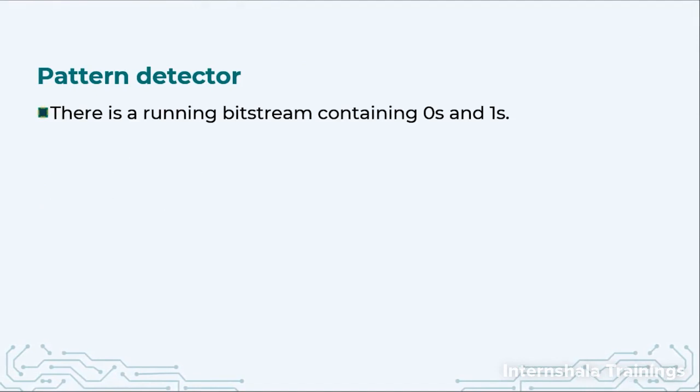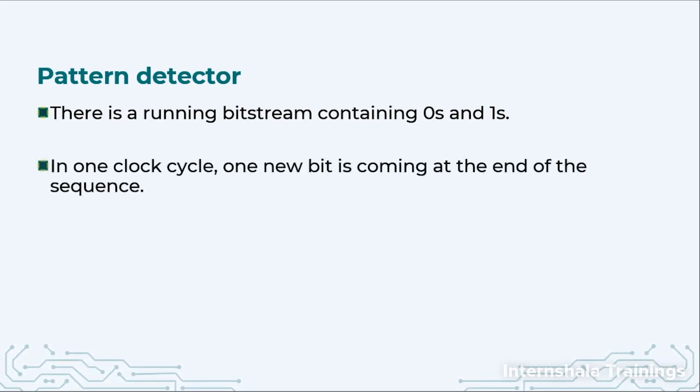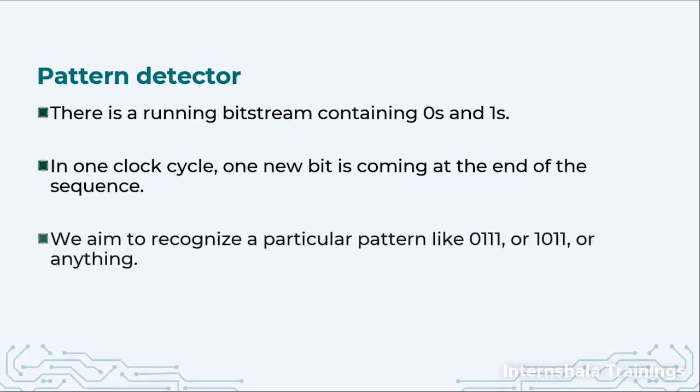So first of all, the question that we have is what exactly is a pattern detector? I have a bit stream of zeros and ones. Some random zeros and ones are coming for infinite duration. We are given the restriction that in one clock cycle, one new bit is coming at the end of the sequence. That means the sequence is always updated.